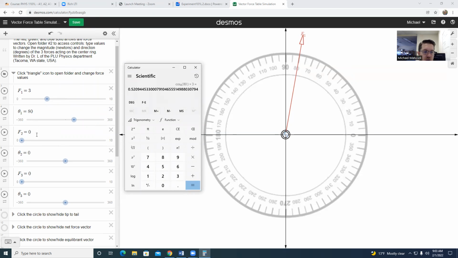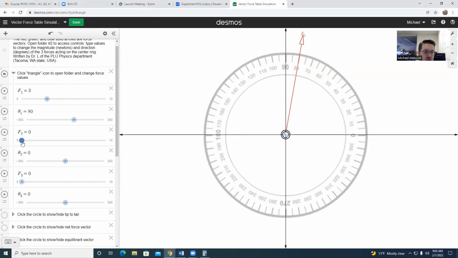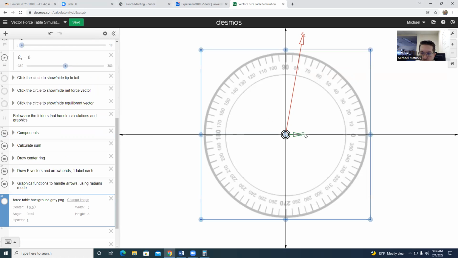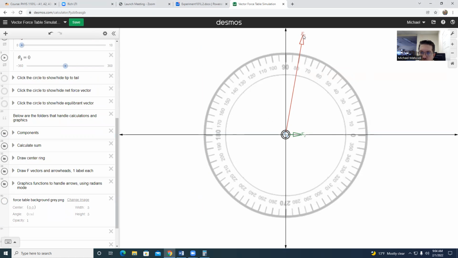So the angle along the x direction will be theta 2 equals 0, and the magnitude will be 0.521. So you'll notice that if I were to draw a line directly from F1 down to the x-axis, it would meet the tip of F2.